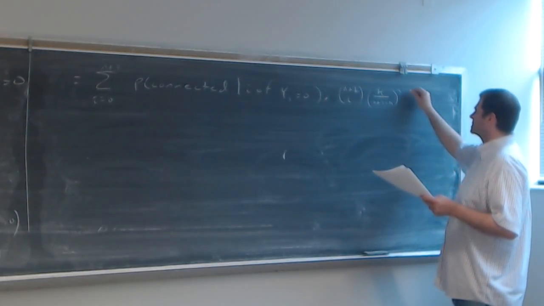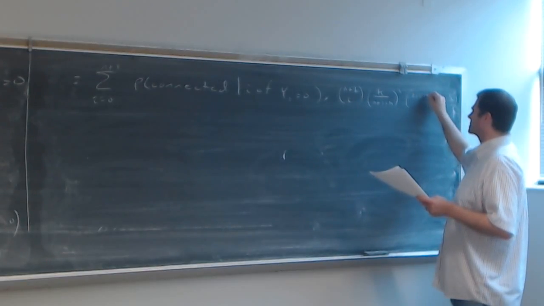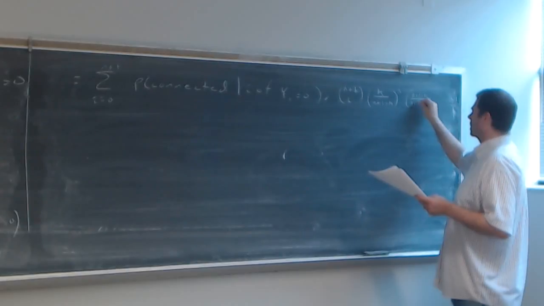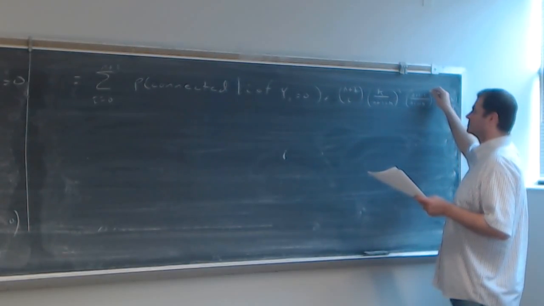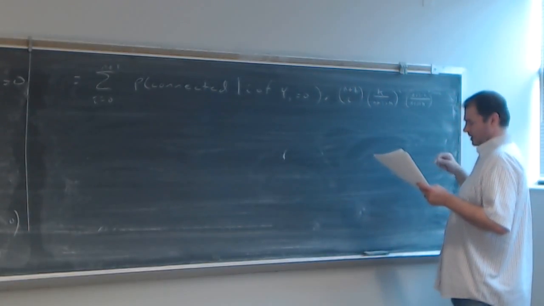And then times n plus 1 minus k over n plus 1 plus k raised to the n plus 1 minus I, and that's what we have.